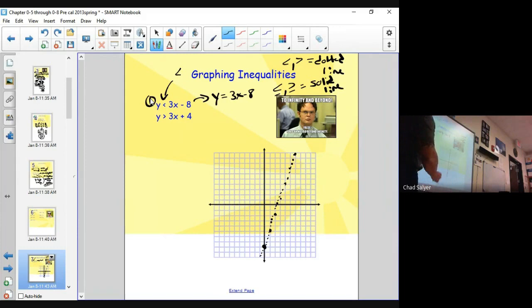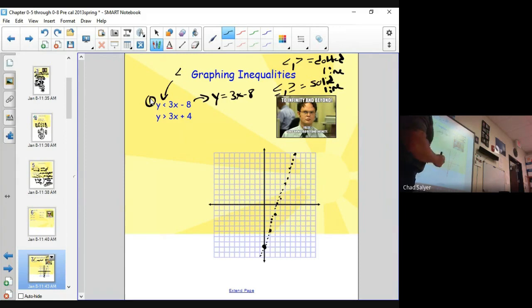Now, what we need to do is figure out if it's this side or this side that satisfies the inequality, because it could be either. So we're going to pick a test point in either region. It's generally a good idea to pick the origin if it's an option, and it is here because the line doesn't touch it.